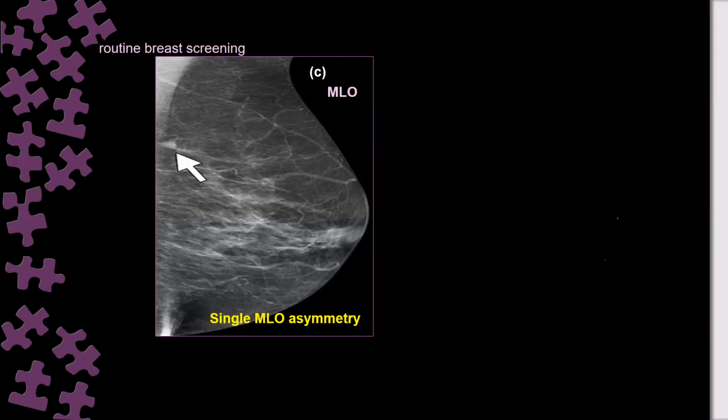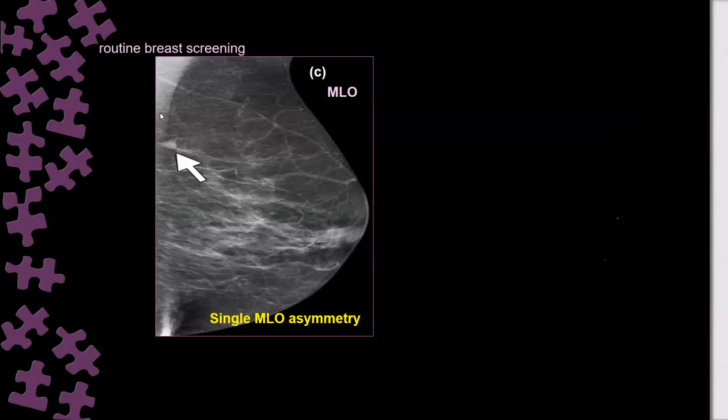Okay. This is a single MLO. This is MLO. It is written here: single MLO asymmetry.